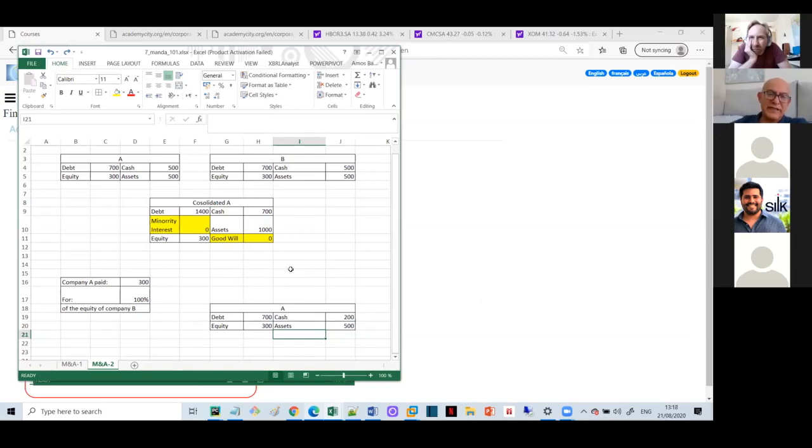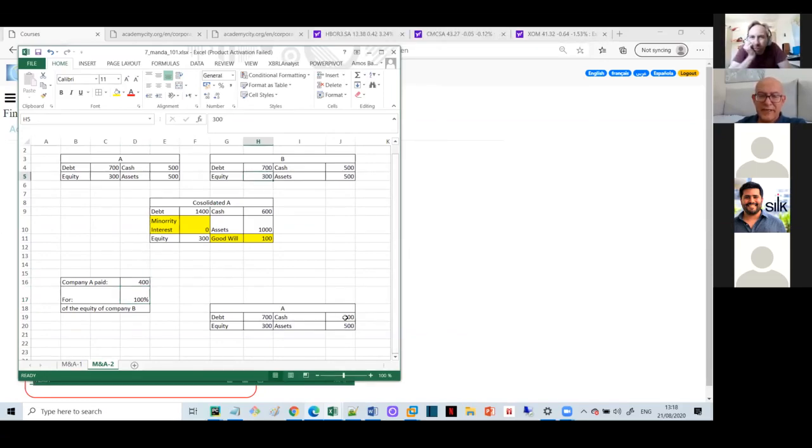Case number 2 is when company A, again, acquiring 100%, but this time they're paying 400. Everybody agree they overpaid, is that right? The book value is only 300, is that right?